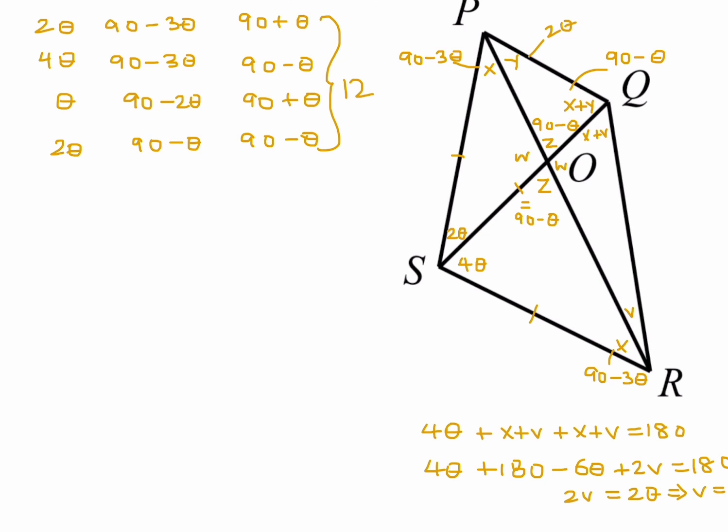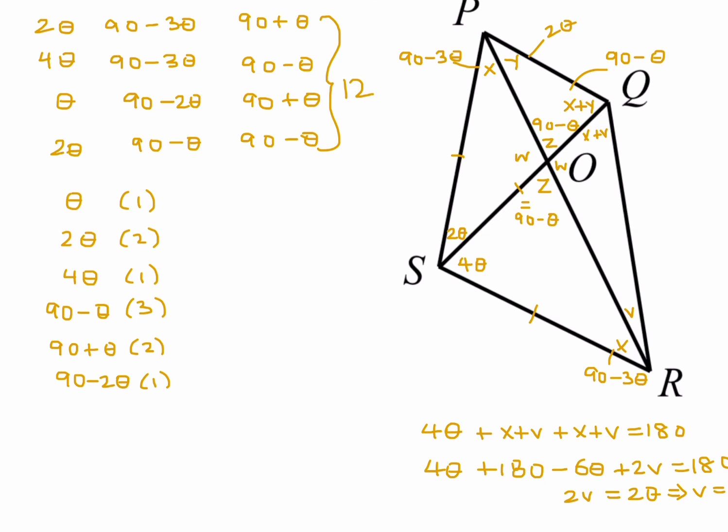Now, there's 12 angles, but some of them are repeats, right? So, for example, theta is listed once. 2 theta is listed twice. 4 theta is listed once. 90 minus theta is listed 3 times, actually. Yeah, 3 times. 90 plus theta is listed twice. 90 minus 2 theta is listed once.